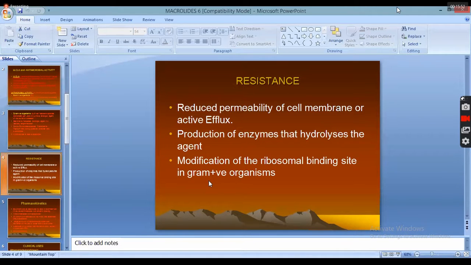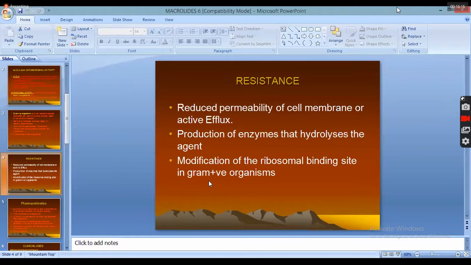For example, as I told you, there's a difference in the doors. The door of the lecture hall, if it changes from front to back, then the attendance of the students inside the lecture hall would definitely decrease. Similarly, the porin channels, if there's some mutation or change in the porin channel, the drug would not be able to enter at a concentration that is required to eradicate the infection.